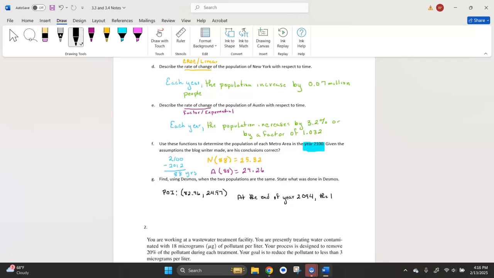The two cities or two metro areas would have the same population of 24.97 million people.